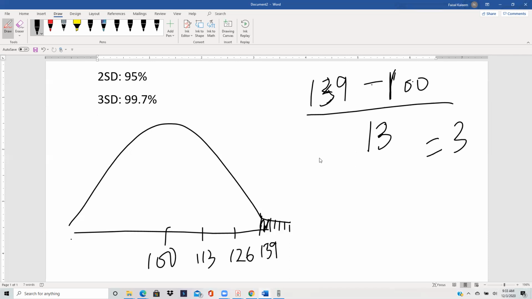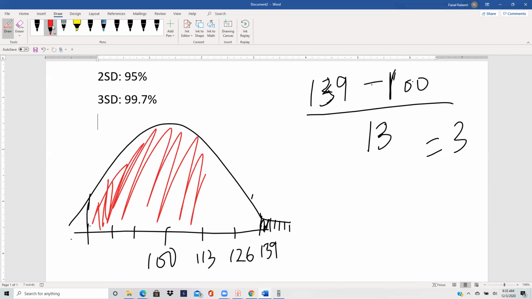Now the in-between area, which is 99.7% for 3 standard deviations: if you go 1, 2, 3 over here, then we know that this in-between area is 99.7%.